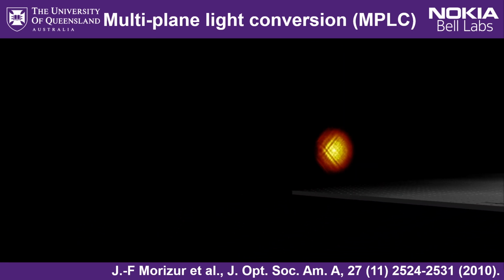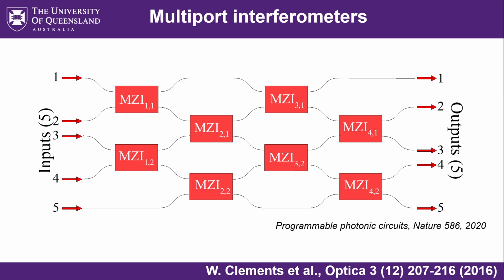An MPLC has similarities with multi-port interferometers based on Mach-Zehnder interferometer meshes, because these also implement arbitrary unitary transformations between a set of inputs and outputs, typically implemented using single-mode waveguides. So this multi-port interferometer here also uses cascades of phase shifts across multiple layers, whereby tuning two phase shifters inside those Mach-Zehnder blocks, you can redistribute the amplitude and the phase of the light in the waveguides presented to the next stage.